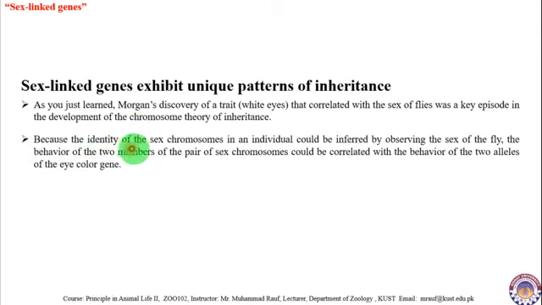Because the identity of the sex chromosomes in an individual could be inferred by observing the sex of the fly, the behavior of the two members of the pair of sex chromosomes could be correlated with the behavior of two alleles of the eye color gene.